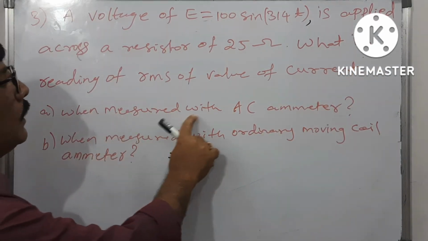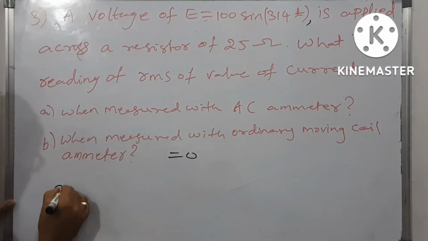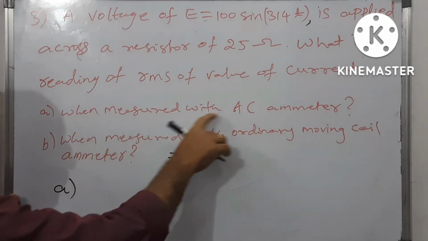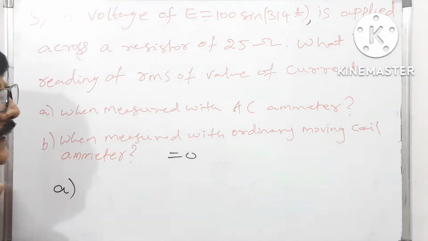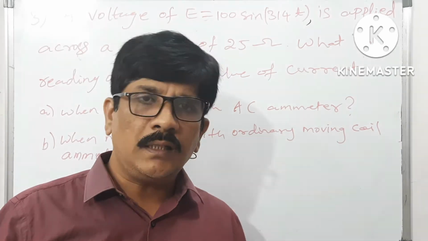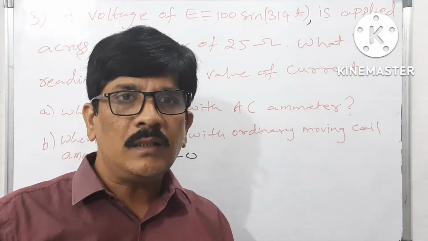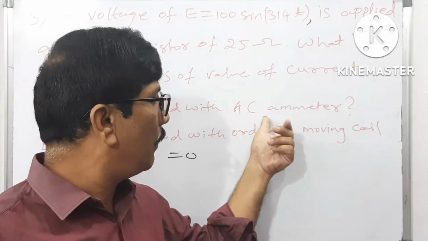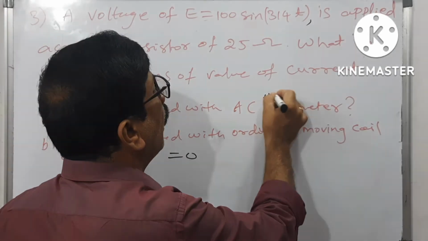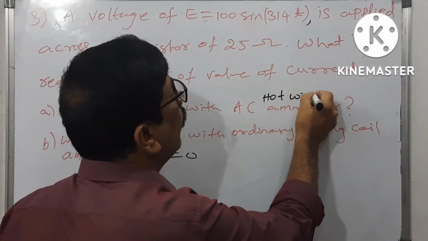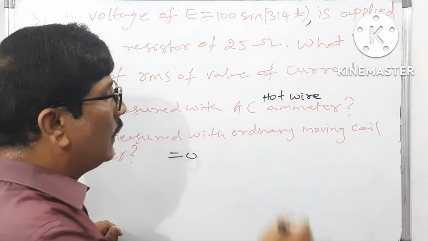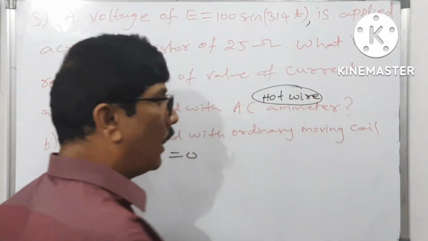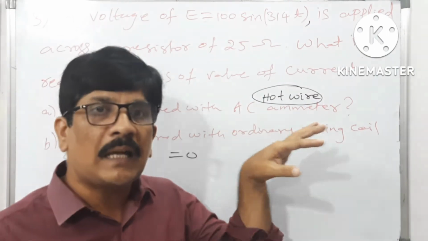First answer: when measured with an AC ammeter. An AC ammeter is used for AC current. A normal ammeter is different; that is used for DC. But AC ammeters are actually hot wire elements, hot wire ammeters, because the heat energy produced in the wire is independent of the direction of the current.